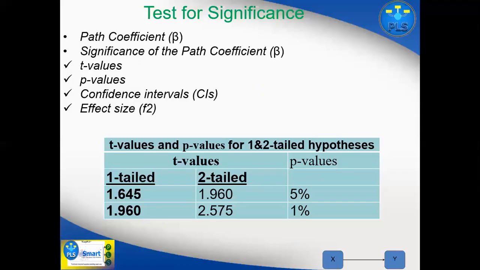At one tail, we should have 1.64 for the t value for it to be significant at 5% p value. Then for it to be significant at 1%, a one-tail hypothesis must have a value of 1.96.